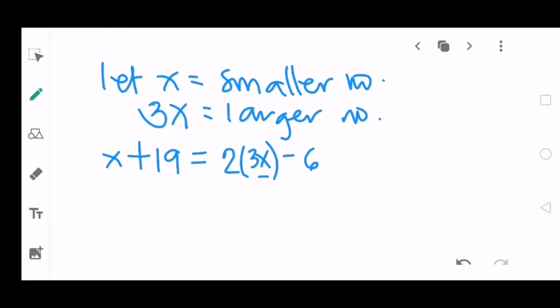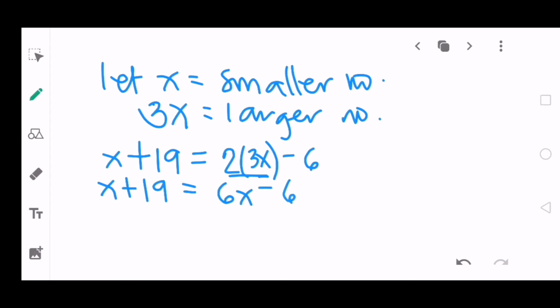Now, let's proceed by solving for our x. x plus 19 is equal to, simplifying this one, 6x minus 6.